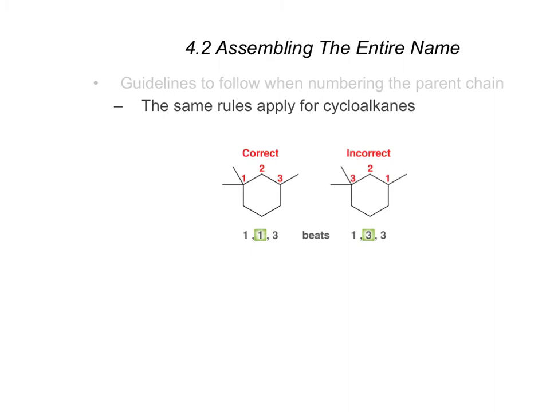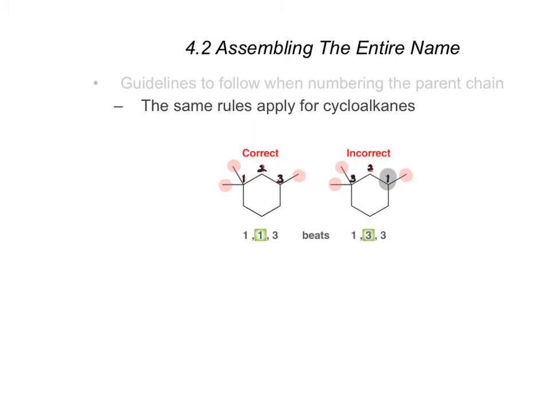We have 1, 2, 3 methyl groups. So our option here is to start numbering over here at 1, so we have 1, 2, 3. We could also start on the opposite side, at the other first substituent, which is 1, 2, 3.